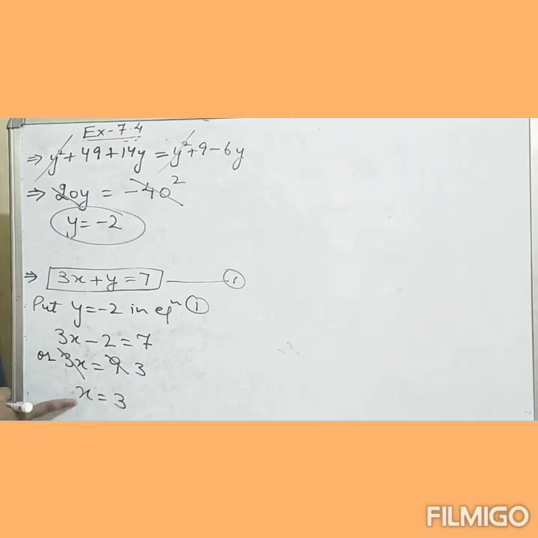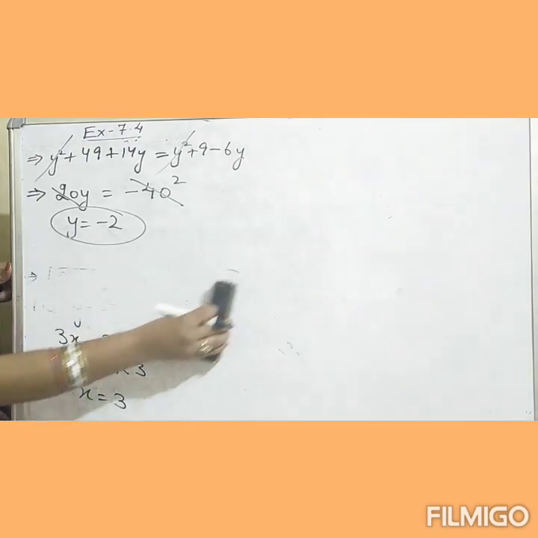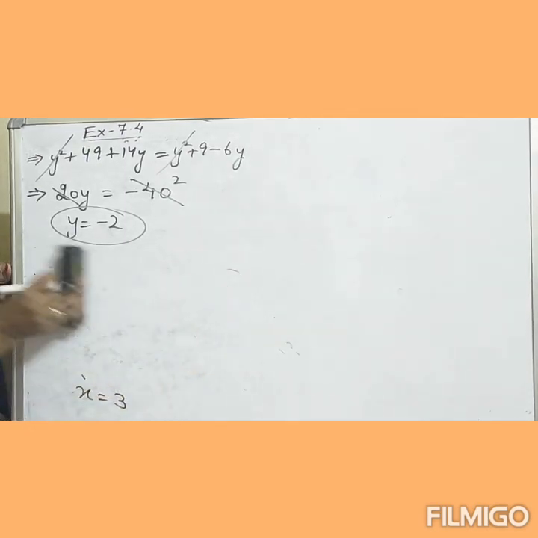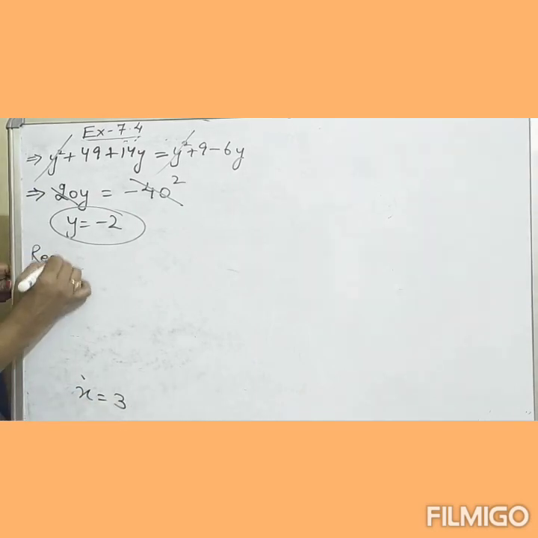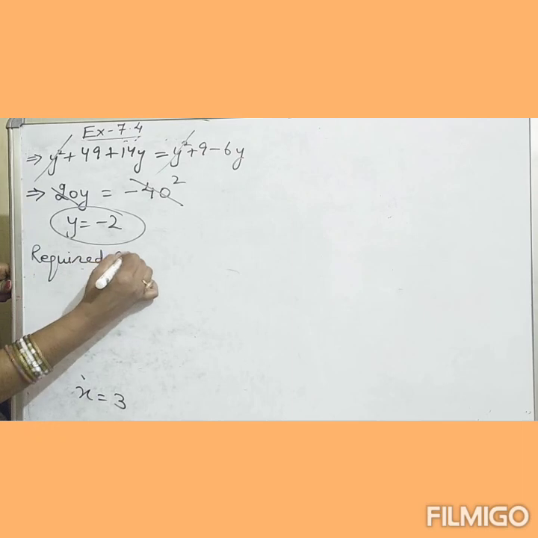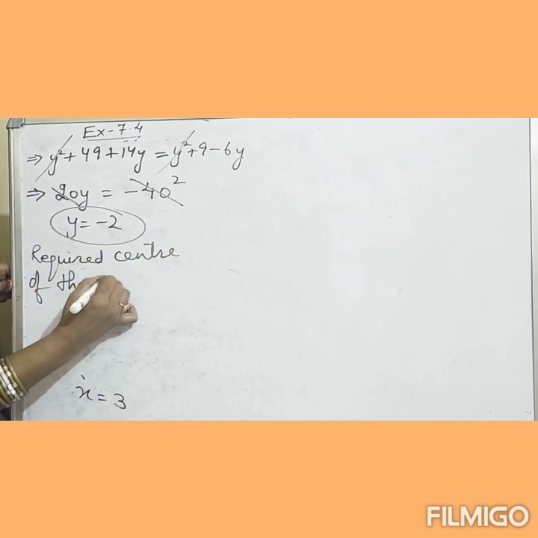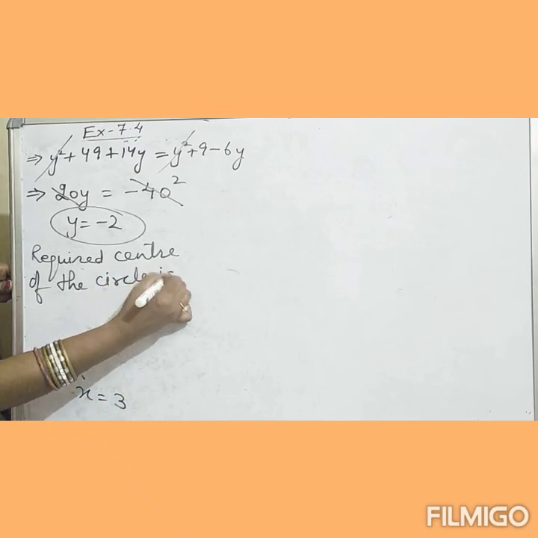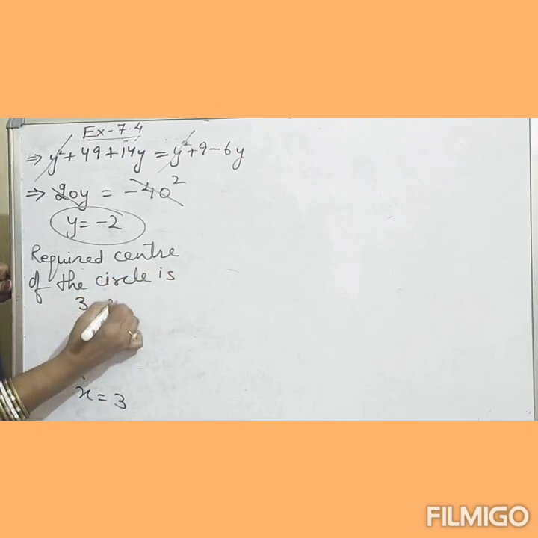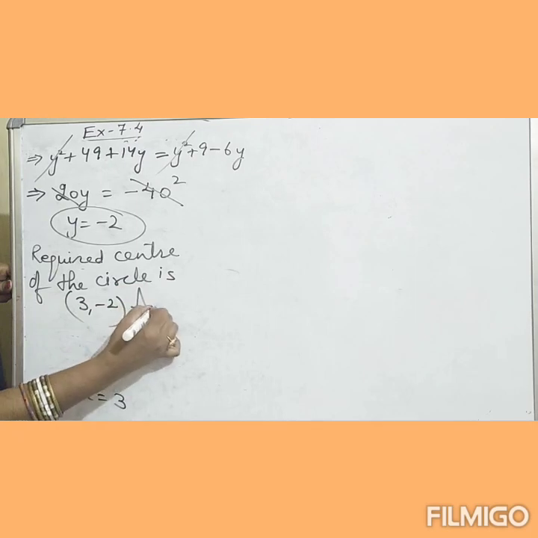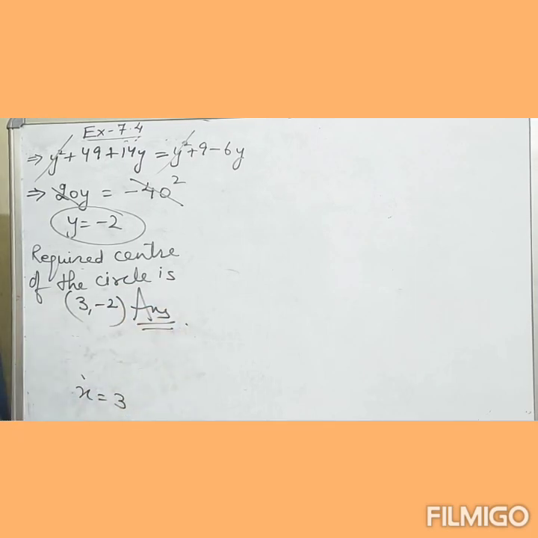So x is 3, y is minus 2. These are the center, because we supposed that x, y is the center of the circle. So the required center of the circle is 3, minus 2, and this is our answer.